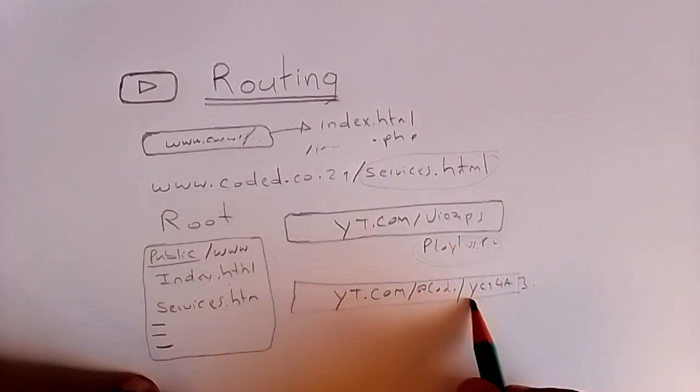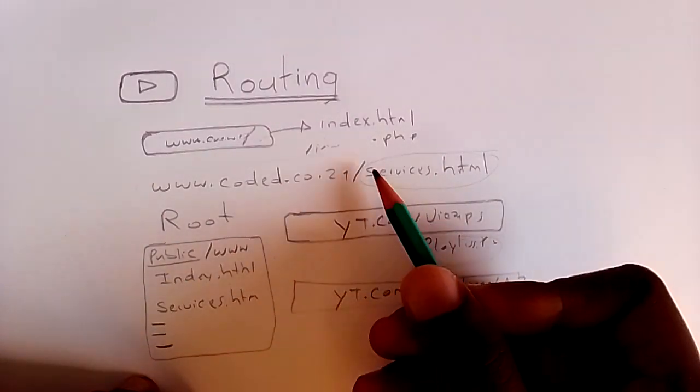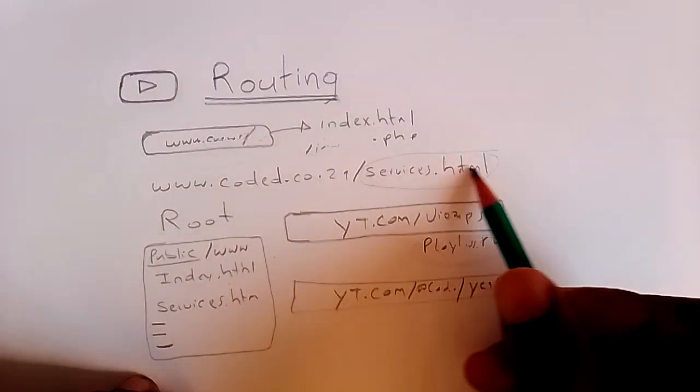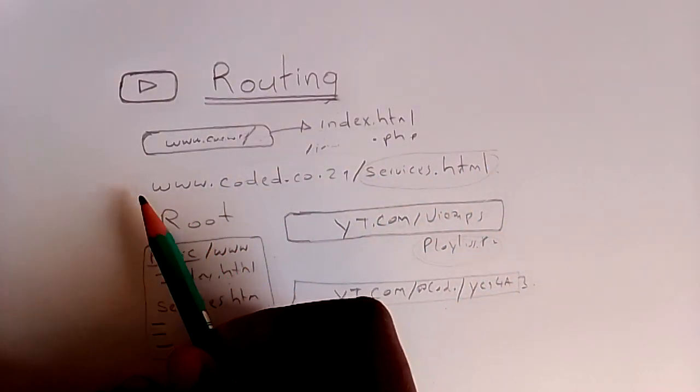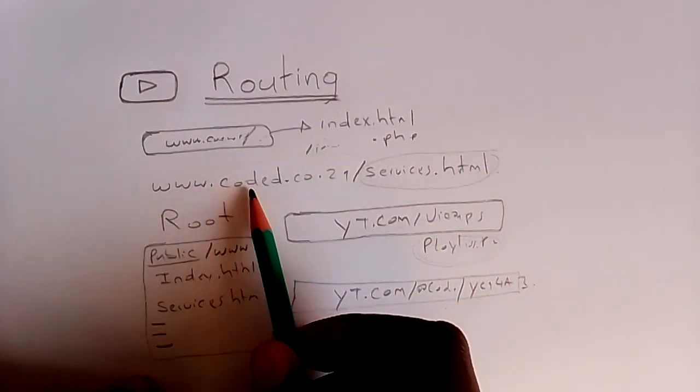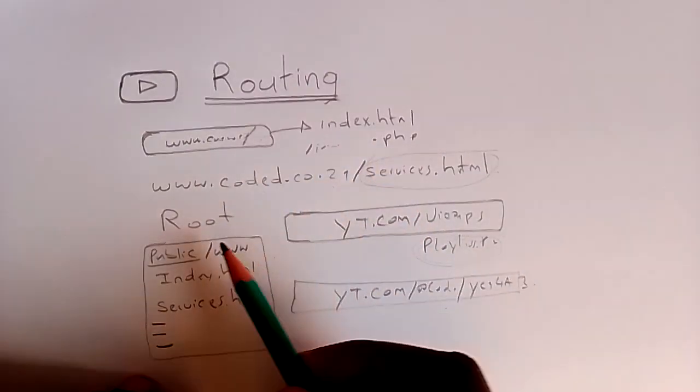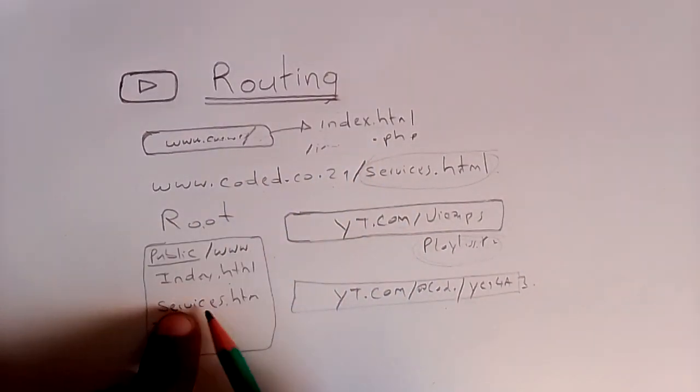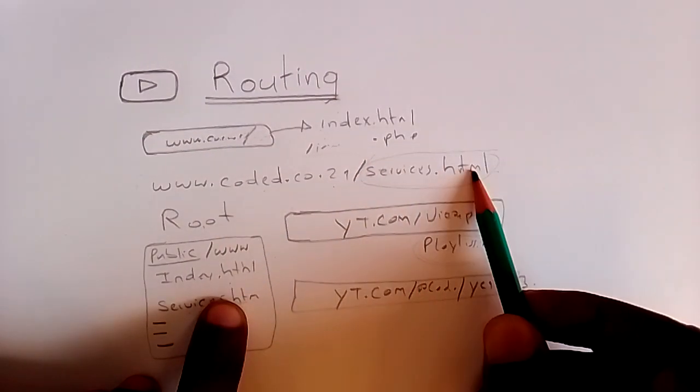This doesn't look the same as what you are used to, because the old way is easy to explain. When you type www.coded.co.za, you are going to this root folder and then you are looking for this page. It makes sense, right? Yes.